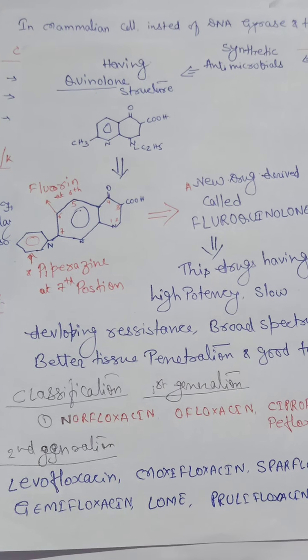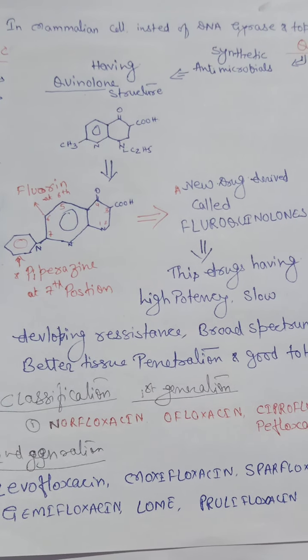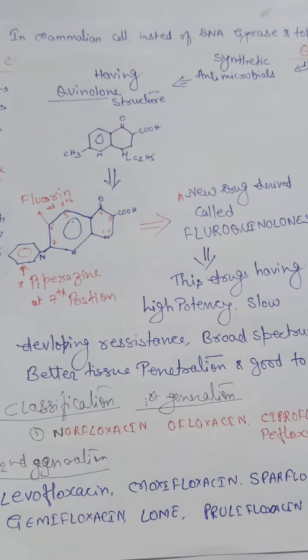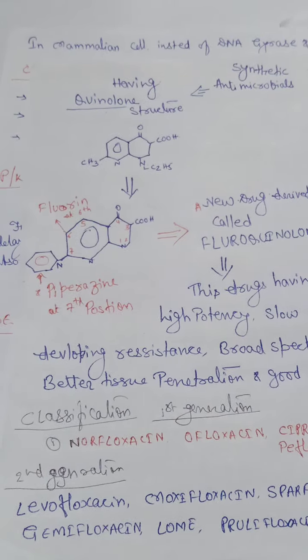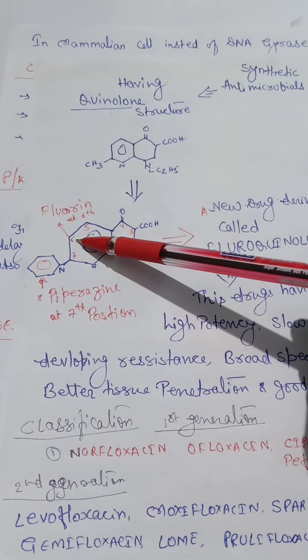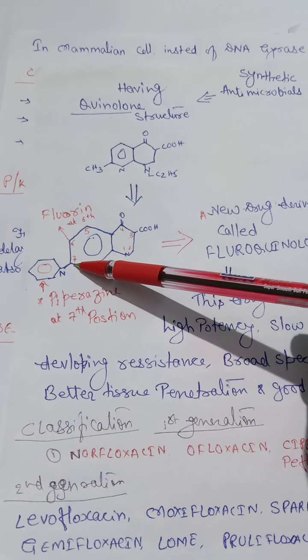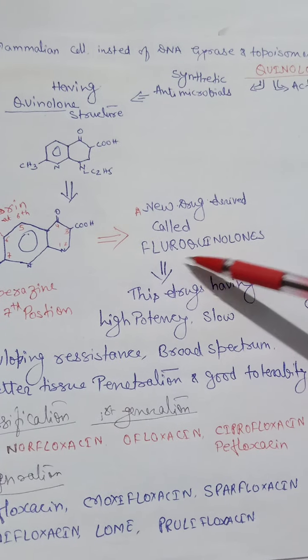These drugs should be remembered because they are regularly used in various disease conditions. Some questions are asked: the fluorine molecule is attached at the 6th position and the piperazine is attached at the 7th position, and then the newly derived drug is the fluoroquinolone.